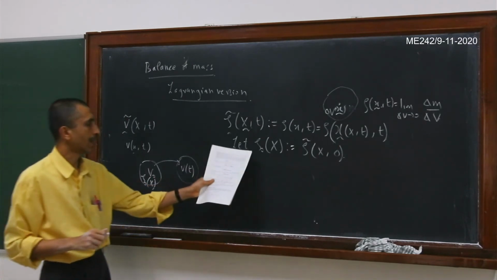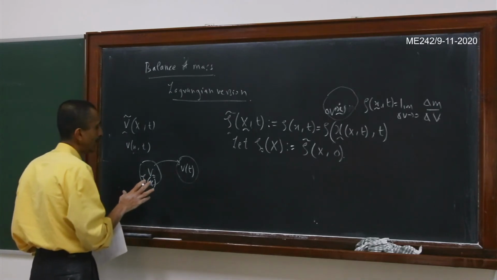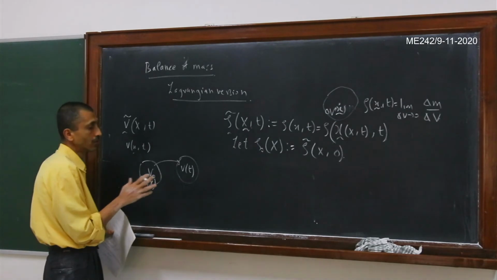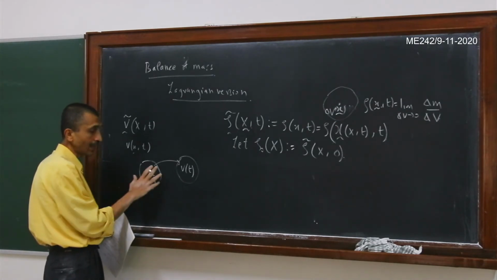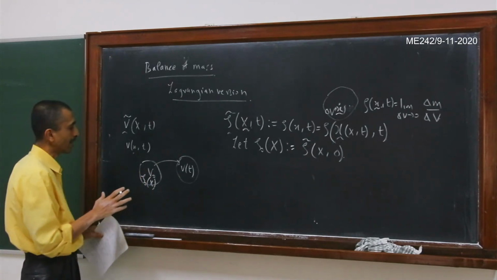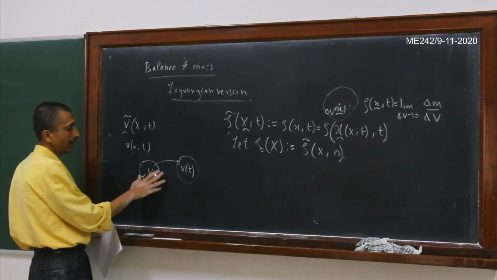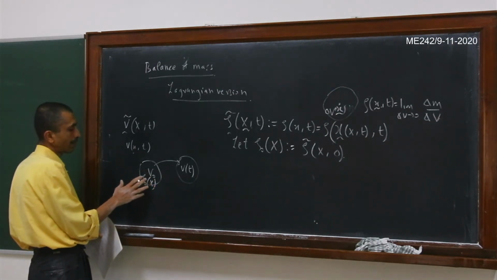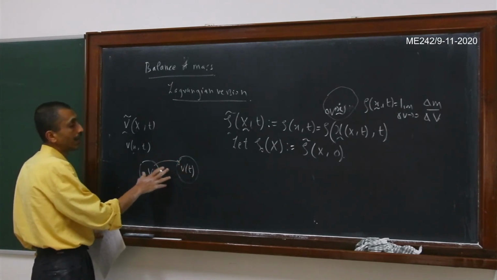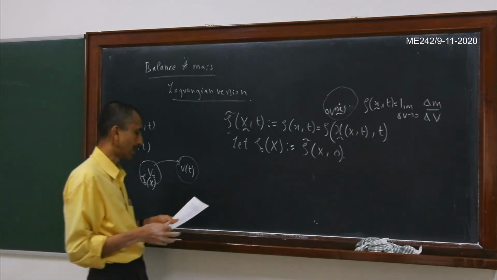We have already said that the material volume is the same set of particles as it evolves. That means nothing is entering this material volume and nothing is leaving it. So automatically, if I integrate the density over the material volume V naught, and integrate the density over V of t, they should both be equal, because that is the total mass contained.